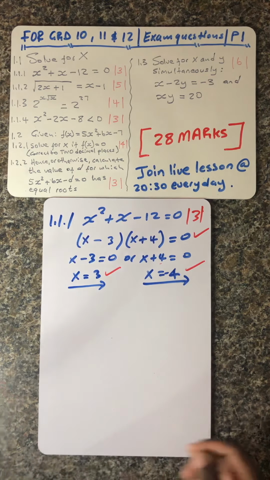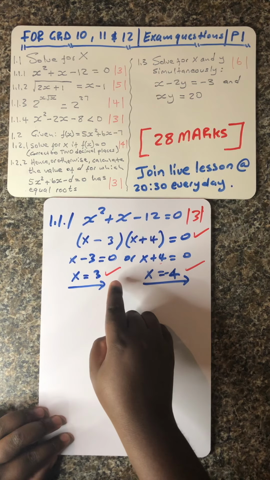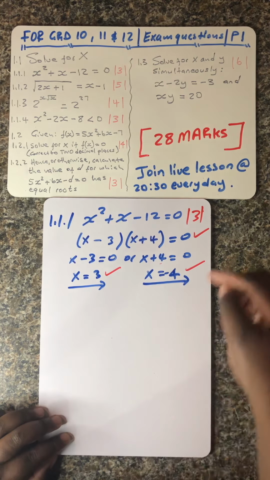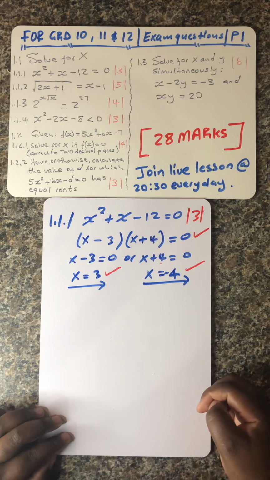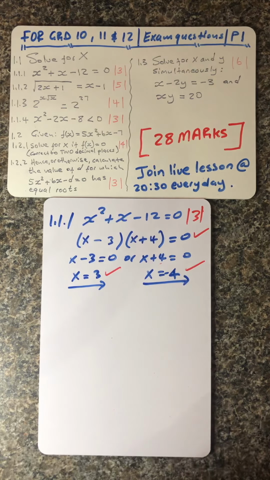So you obviously notice that you've got 2 values of x, and you score marks for each of these values, and the other mark comes from the correct factors. So that means this is the step which is not given any marks. Okay, so you can just in the meantime have a glass of water, then we'll be moving to question number 2.